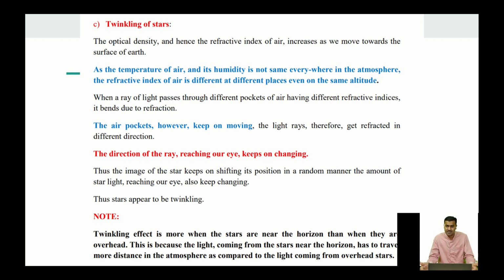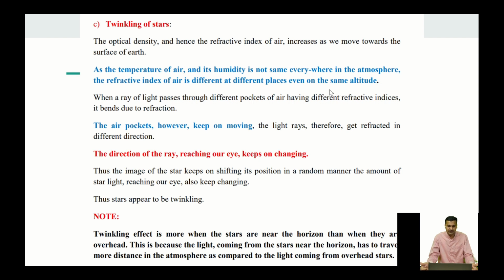The atmosphere has different layers, and they have different refractive indices. The reason is the temperature. They are inversely proportional: as the temperature increases, the refractive index decreases. If the temperature changes, the refractive index changes.